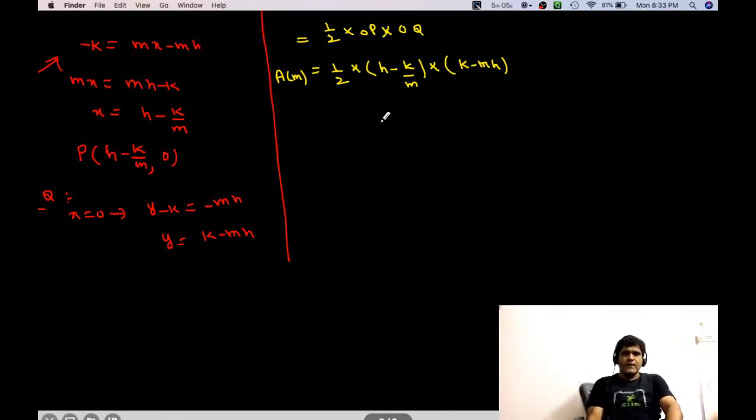For maxima or minima, A dash m is equal to 0. Find A dash m.